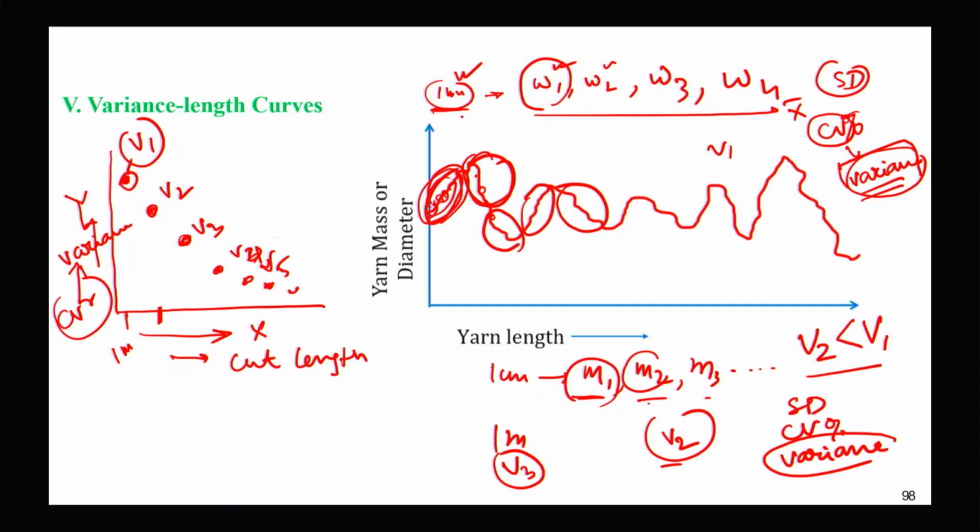Earlier, variance between 1 millimeter cut lengths, second time variance between, say, 1 centimeter cut lengths, then variance between 1 meter cut lengths, meaning between the pieces, each of 1 meter, 1 centimeter.